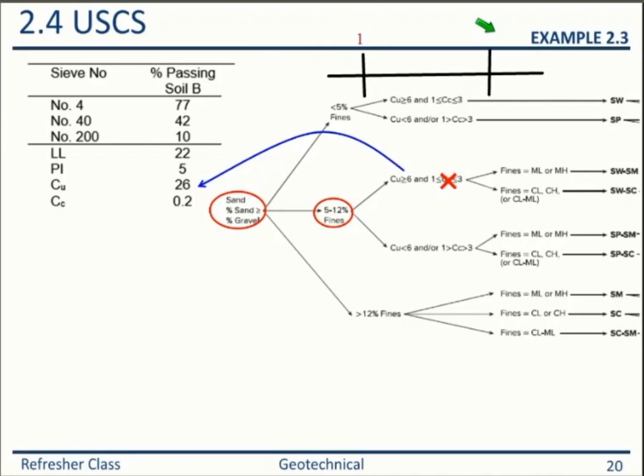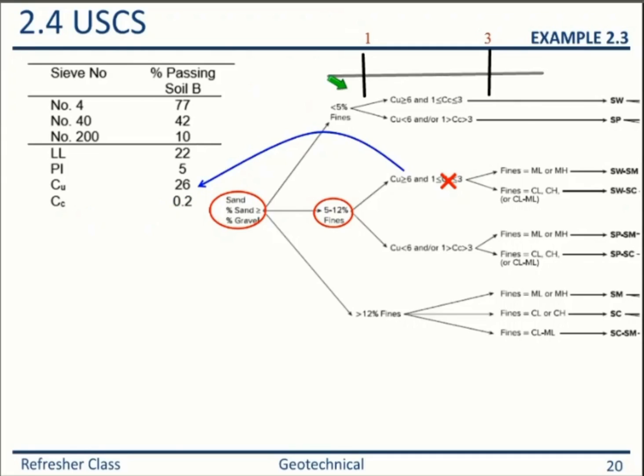So this tells you the C sub C should be in between these, greater than or equal to 1 and less than or equal to 3. Mathematically, this is defining that. But for soil sample B, your C sub C is 0.2, which is here, right? So this is not correct.